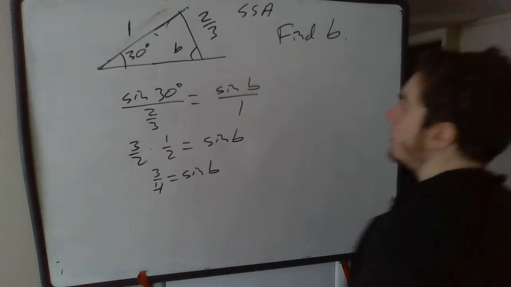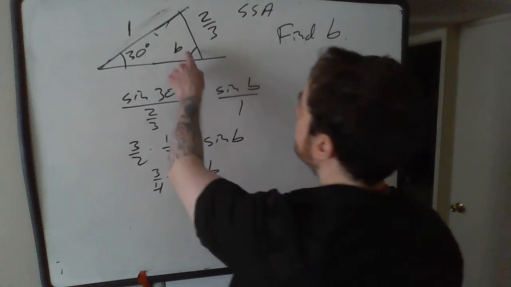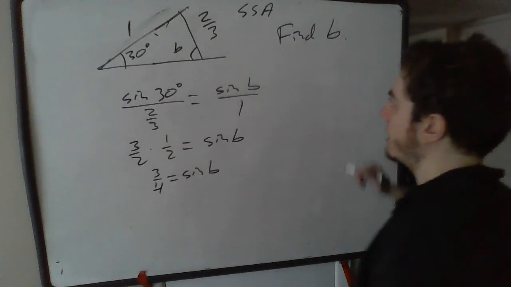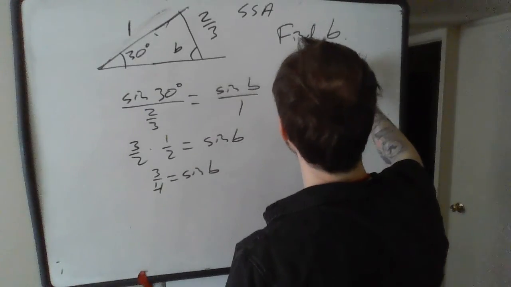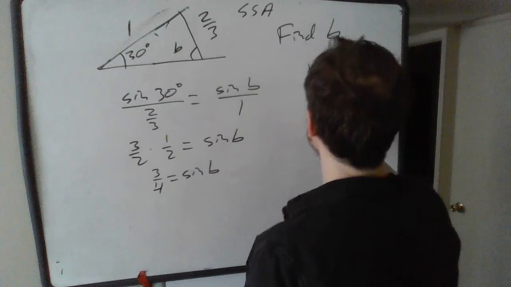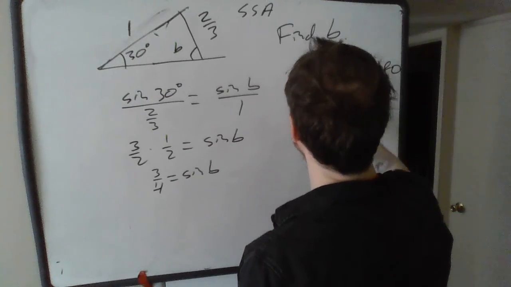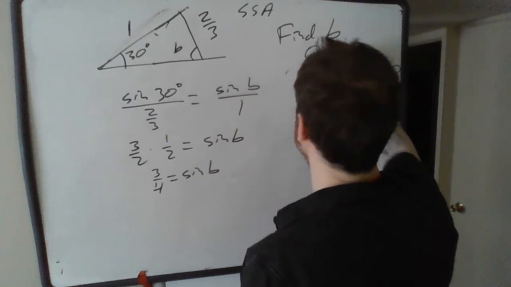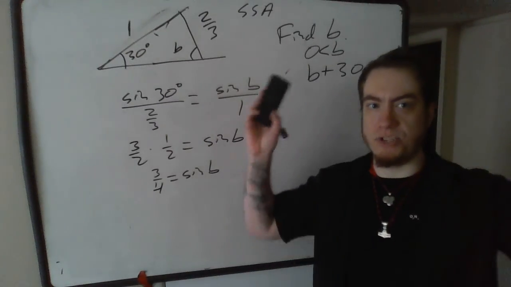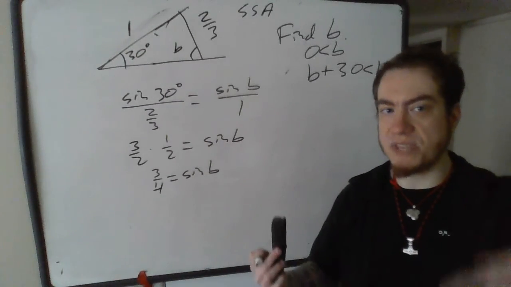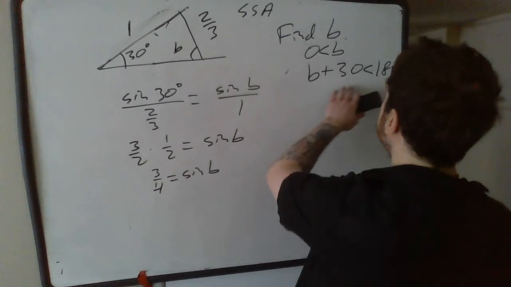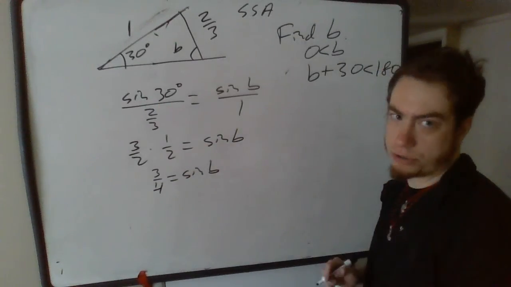Now, we know that this angle b plus 30 degrees has to be smaller than 180. So b plus 30 has to be smaller than 180. We also know that 0 has to be less than b. That's because this is actually an angle in a geometric triangle. So all of the angles have to be between 0 and 180 degrees, and they have to total 180 degrees.